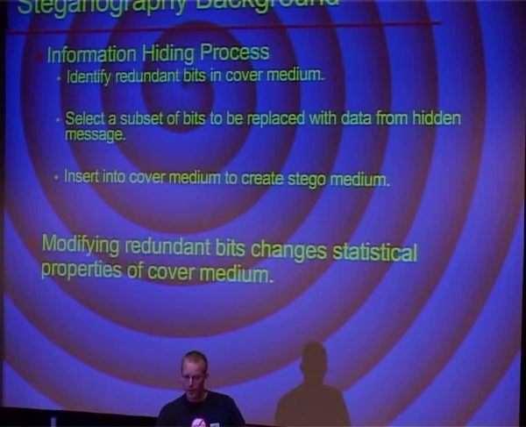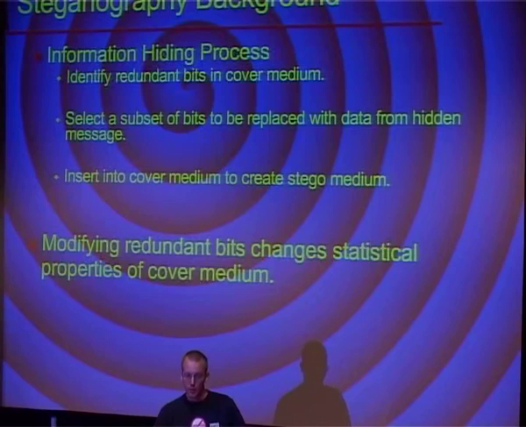I'll explain how the information hiding process works in general. You have some digital data object, and from that object you can identify redundant bits. These redundant bits are bits that you can modify without degrading the quality of that object. For example, if you take an audio file, you might be able to twiddle with the least significant bits, and the human ear will not hear it.